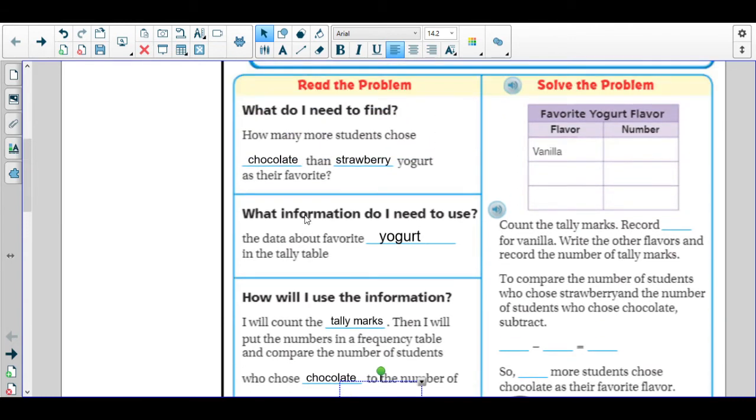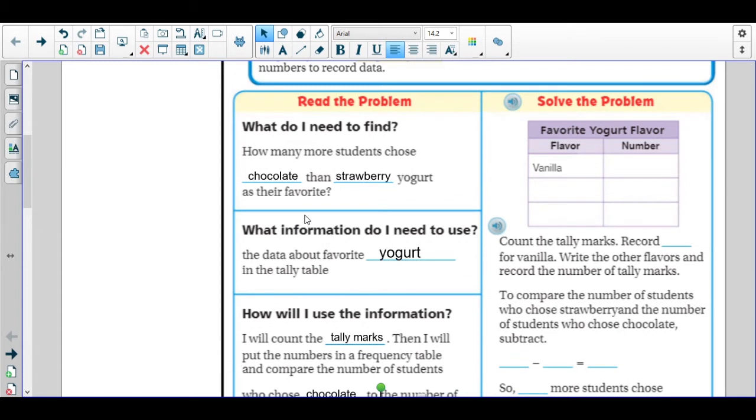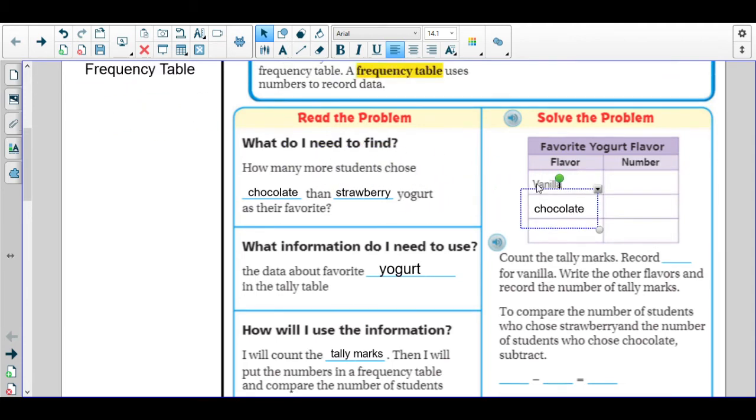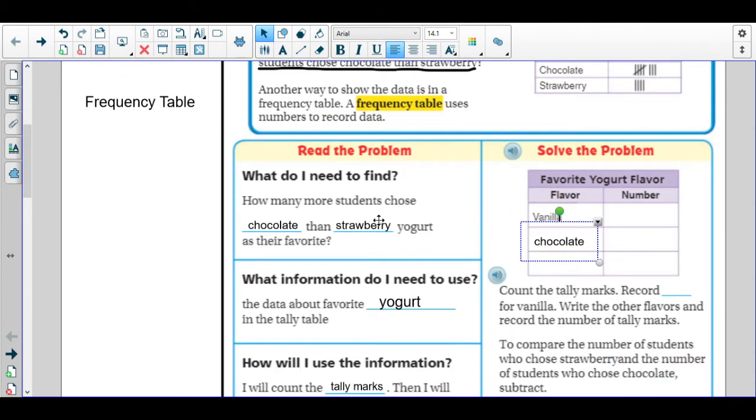How do we go about doing this? Well, first of all, count the tally marks and record how many for vanilla. Write the other flavors and record the tally marks there. Well, we have chocolate and we have strawberry.